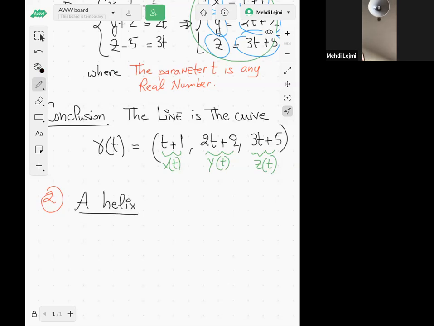This helix is given by the curve or path gamma of t equals cosine of t, sine of t, and the third component is equal to t, with the parameter t in the interval 0 to pi.